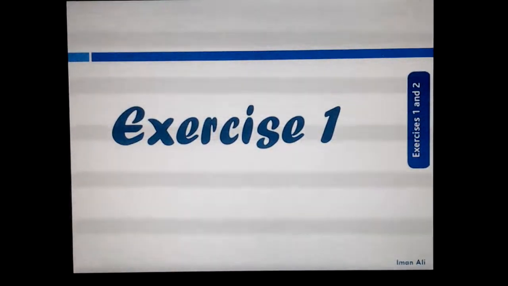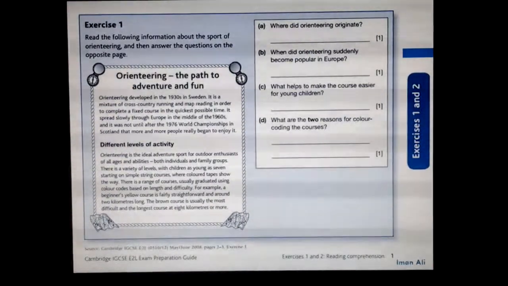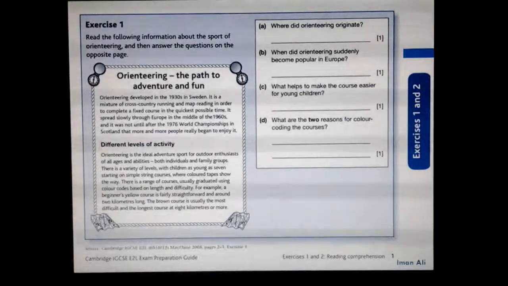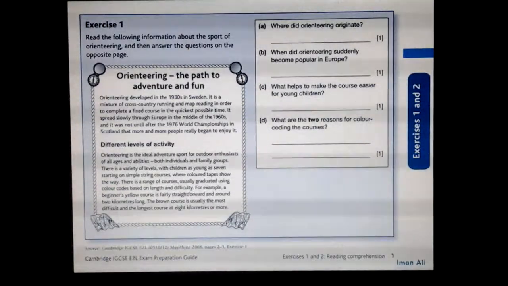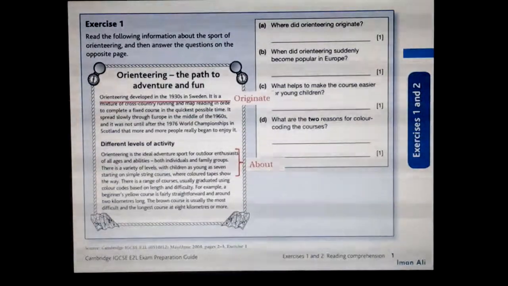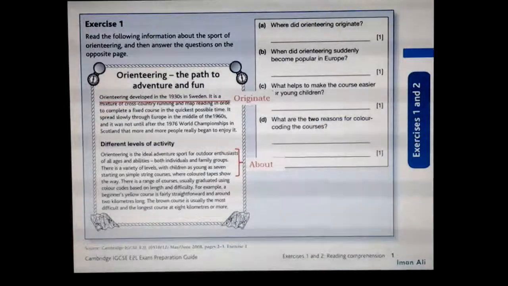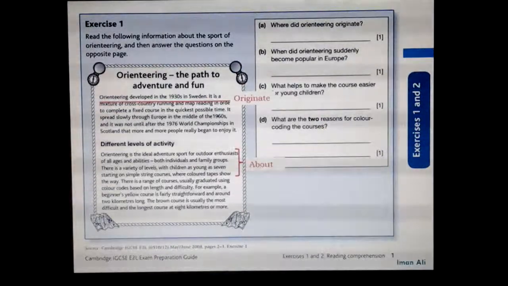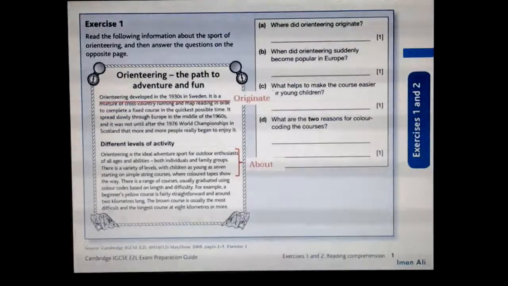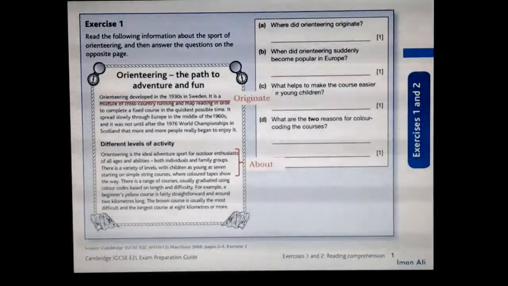Now let's have a view first at exercise 1. Exercise 1 would look something like that, which would be very simple. You just need to skim and scan through the text and answer the questions on the next page. So the simplest way that is very efficient is to go through the passage quickly, skim and scan the passage and keep track of all the important things that you come across.